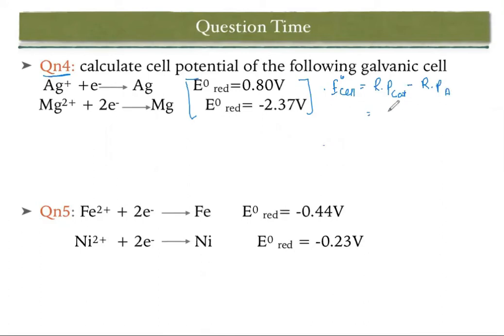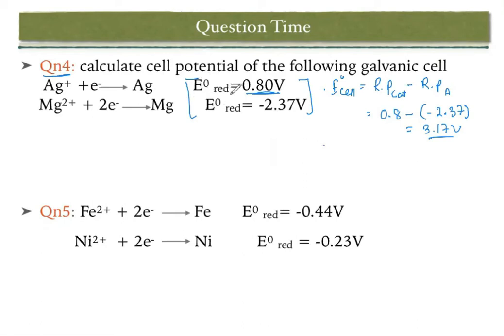So reduction potential of cathode, which one is the maximum value? This is right. So this will act as the cathode. So this is 0.8 minus of 2.37 volt. Okay, so if you solve this, you will get the answer 3.17 volt.